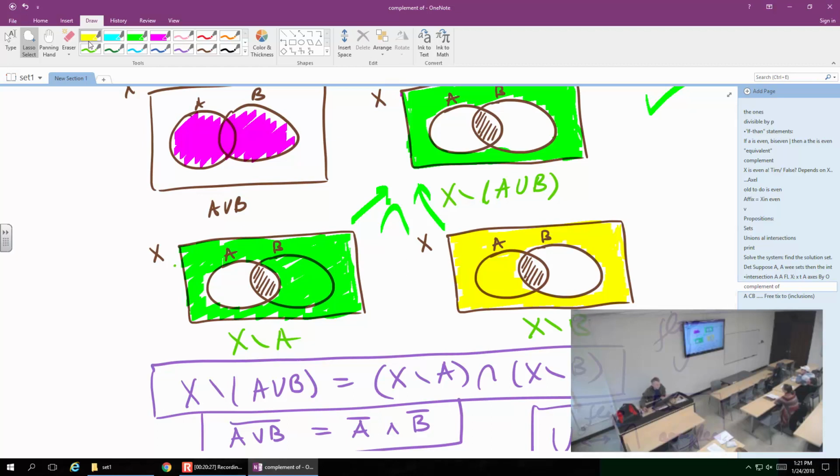How about instead I do, what is the right way to put it, you cannot see through this, so that's the problem. So the intersection is not well visualized here. Let me try again.